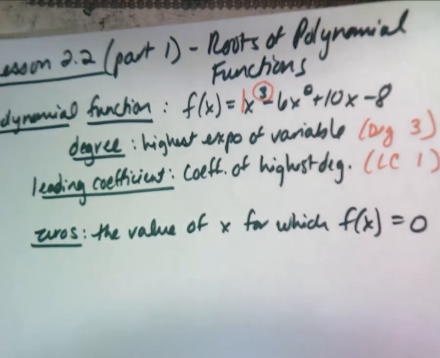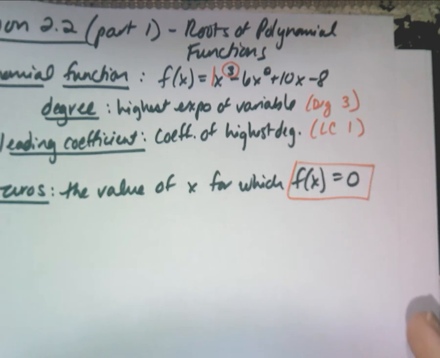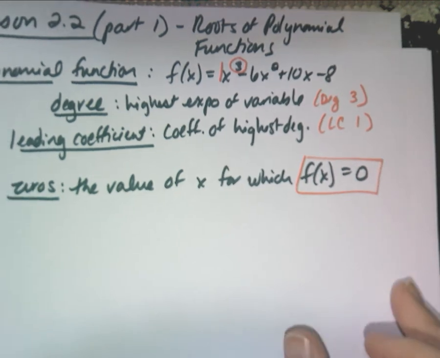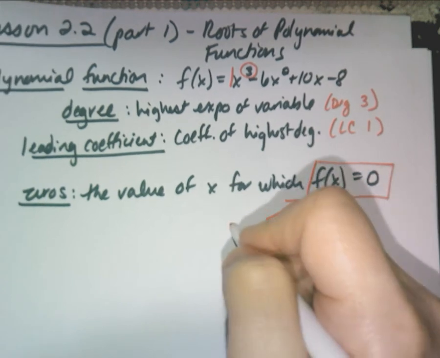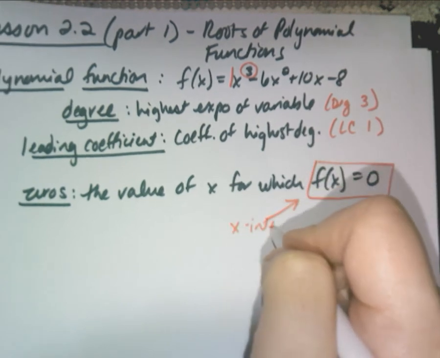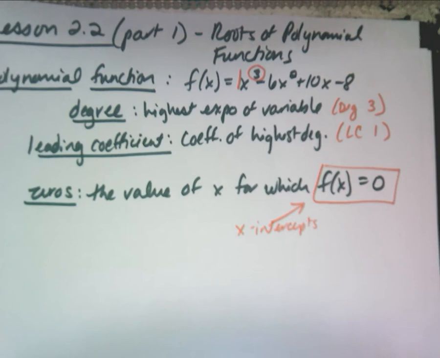If you remember back to like lesson 1 or 2, we talked about where zeros occur. They are your x-intercepts. X-intercepts are your zeros. So please put that in your head and get used to seeing those.